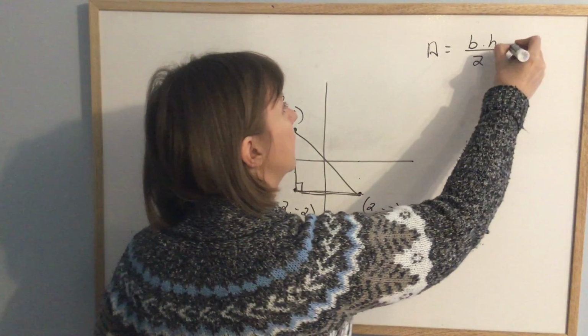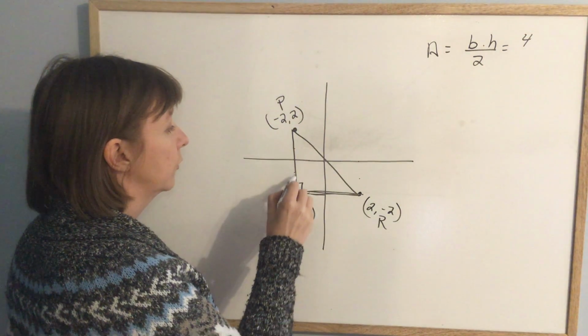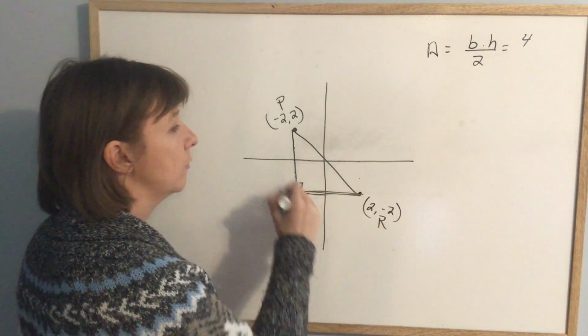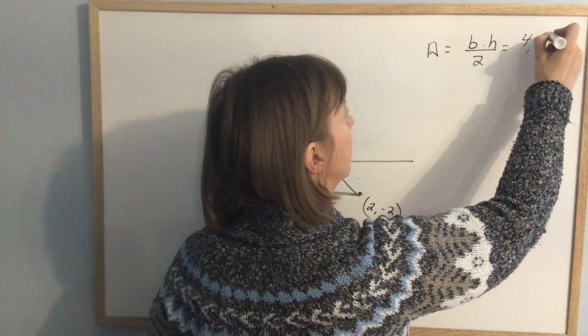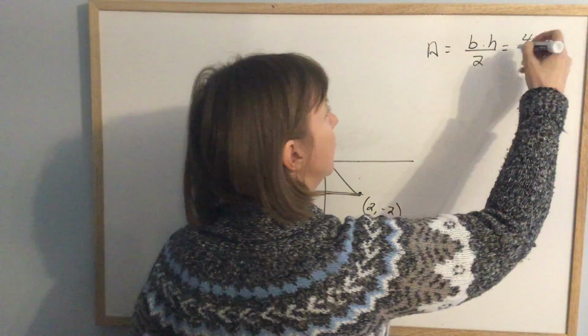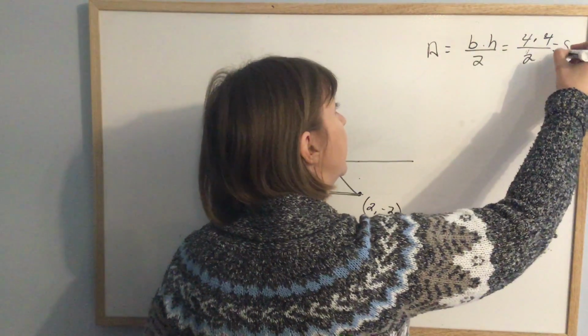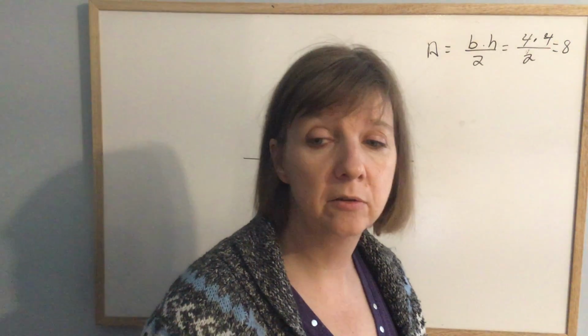So the base is 4 across, and the height is 1, 2, 3, 4. That's how tall it is. Because it's a right angle, I can just count. So 4 times 4 divided by 2. Well, 4 times 4 is 16, and 16 divided by 2 is 8. So the area for the black triangle is 8.